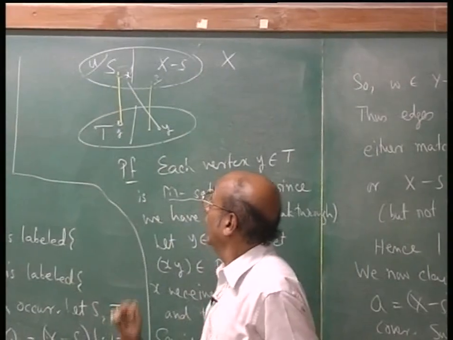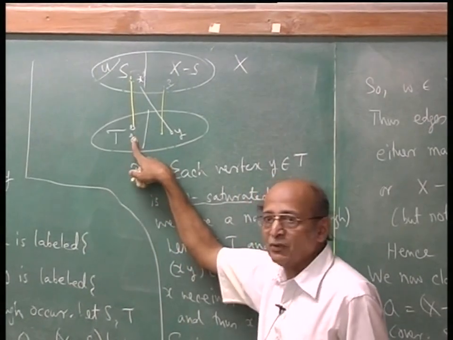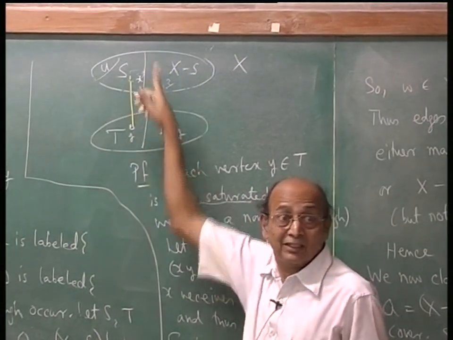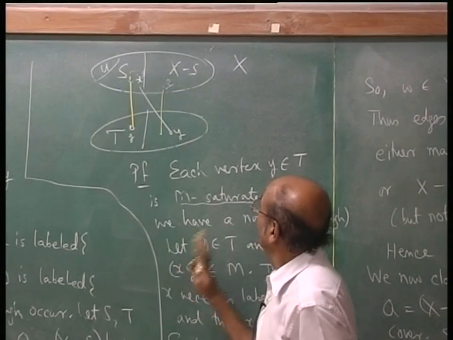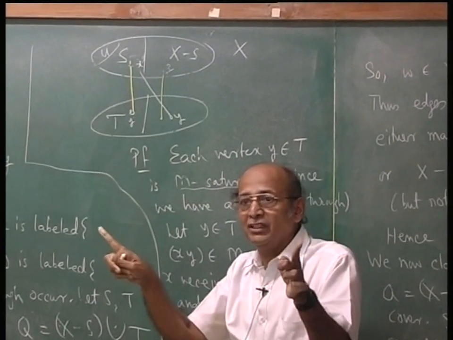It got labeled in the 10th round or 20th round or whatever. How did it get labeled? It must have gotten labeled by using label of some vertex in T, using the backward arc. That means it's as good as saying that there are two edges on X which are in the matching. How could that happen?